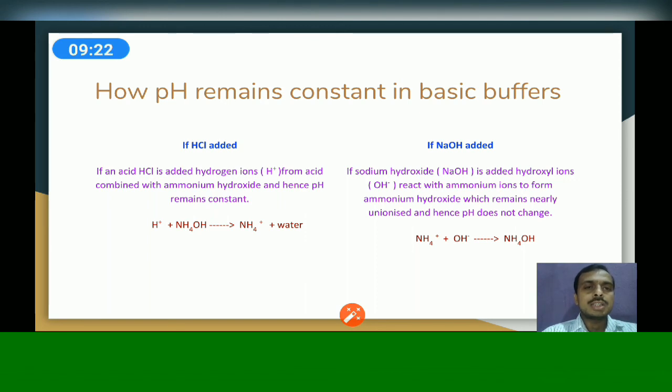So neutralization occurs here. If NaOH is added, if sodium hydroxide is added, hydroxyl ions react with the ammonium ions to form ammonium hydroxide, which remains nearly unionized and hence pH does not change.